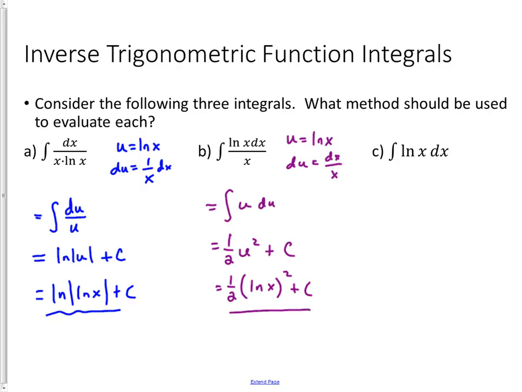How about this last one? Well, once again, we're kind of stuck. I will tell you in advance the method we're going to need, and this is going to be addressed in a different video, is going to be integration by parts, which is sort of a product rule for integrals.